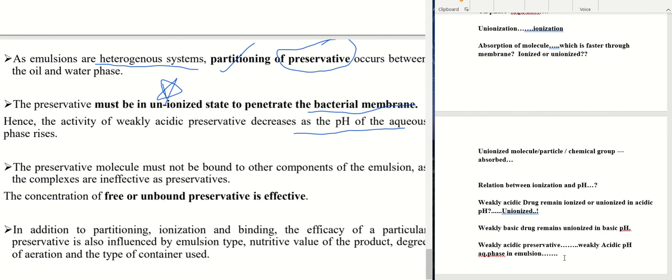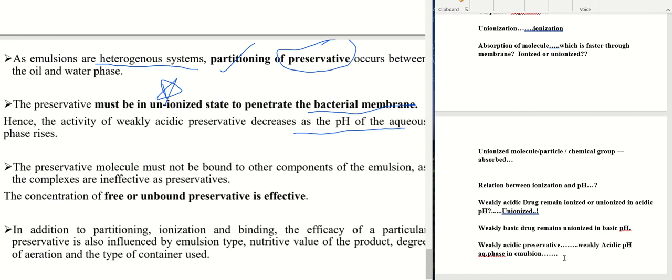And if the preservative is weakly basic, then we should make sure that the pH of the aqueous phase in the emulsion is maintained at a weakly basic level. In short, it is only the unionized, unbound, free species or free molecules of the preservative that are effective. So while choosing the type of preservative, we should make sure that the preservative remains unionized.